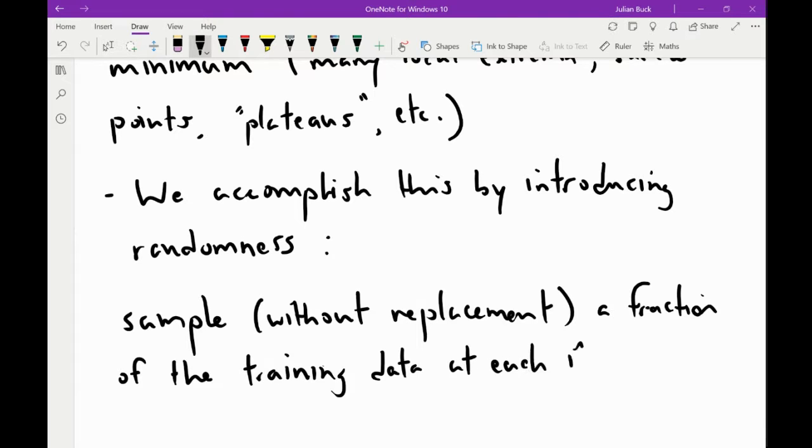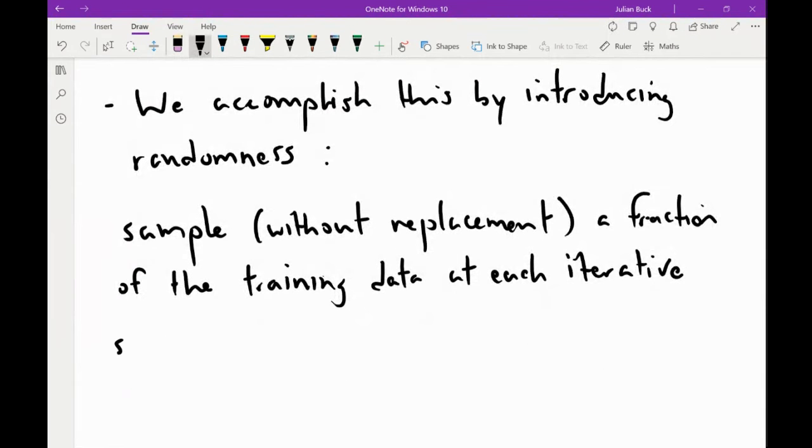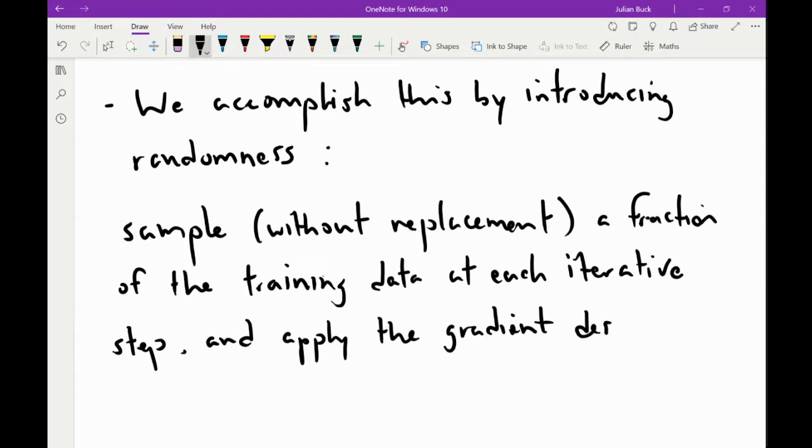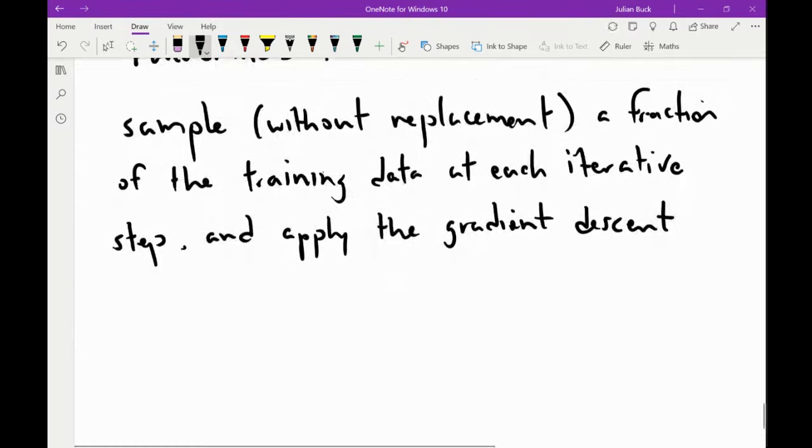So every time we have an iteration in the algorithm, every time we make a step, we sample some of the training data, but not all of it. And apply the gradient descent algorithm only on that sample.